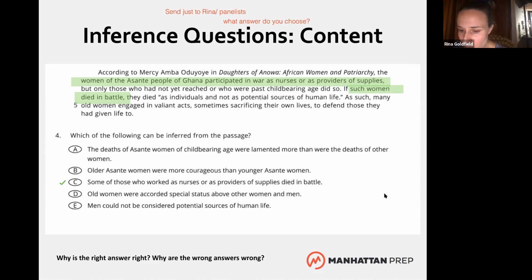Megan is asking, isn't the point of inferences that it won't necessarily be in the passage directly? Great question, Megan. So as much as possible, you do want to find line support for your right answer. So I'm going to note this up here. Our right answer, we're looking to be able to point to the proof. In other words, find line support. But what we can expect is that the answer will rephrase what's in the passage.